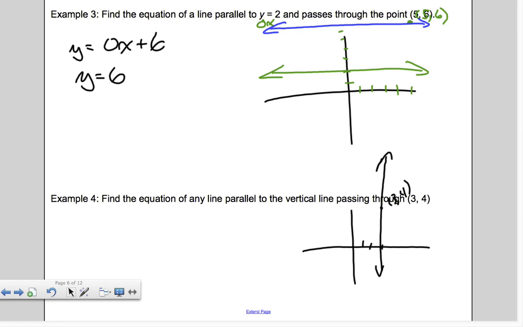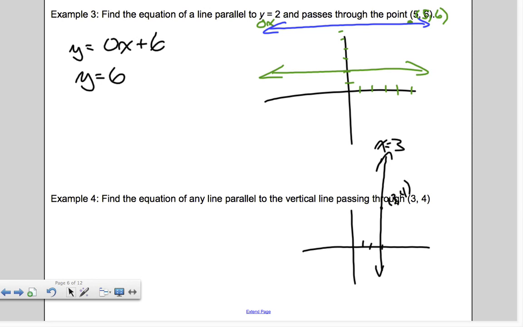It says find the equation of any line parallel to this one. So we want an equation of any line that's parallel to this one. So what's the equation of this line? X equals 3.